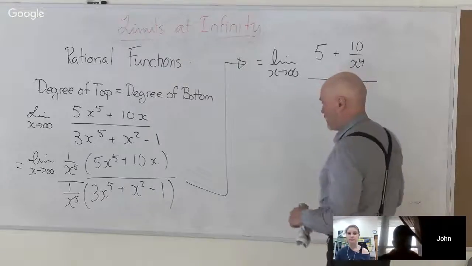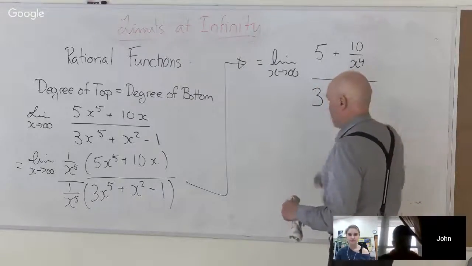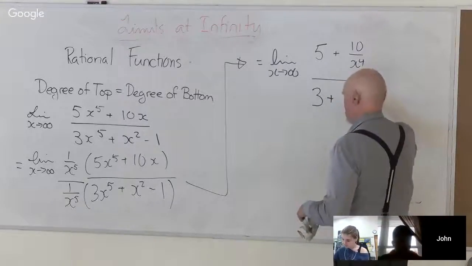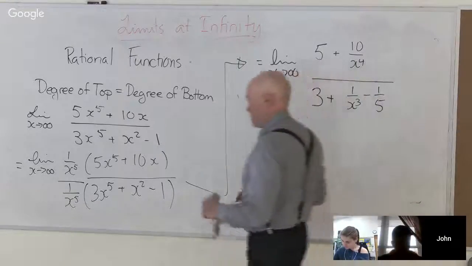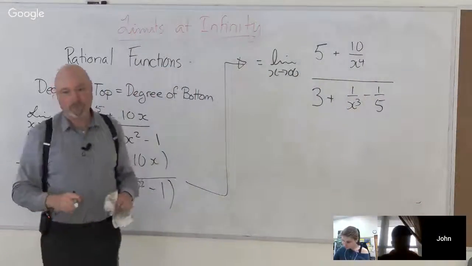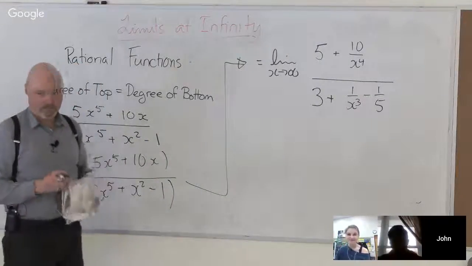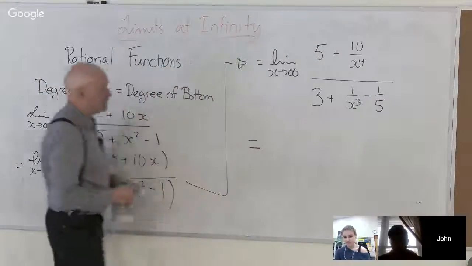And 1 over x to the 5th times 3x to the 5th is just 3. And x squared over x to the 5th is 1 over x cubed minus 1 over x to the 5th. Okay, good. I think I can safely put in the zeros without being turned over to the don't-divide-by-0 police. I hope, anyways. Minus 1 x to the 5th or 1/5?